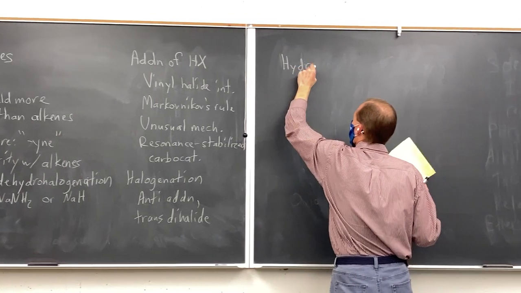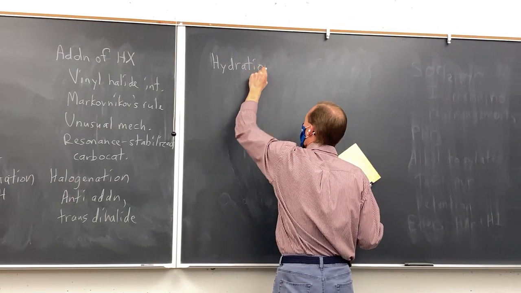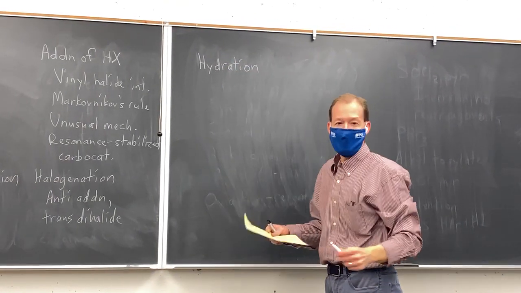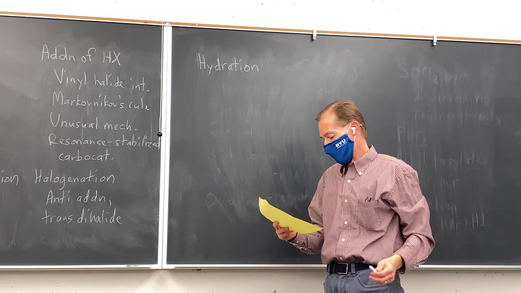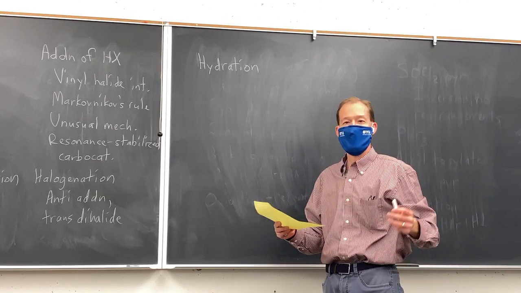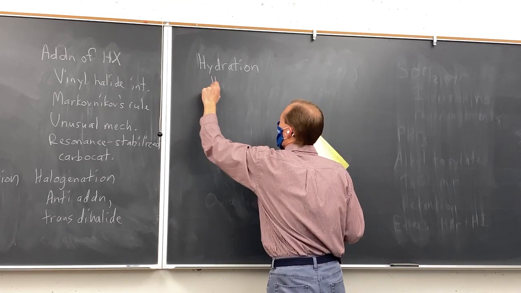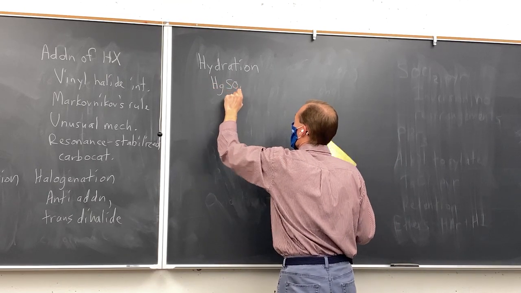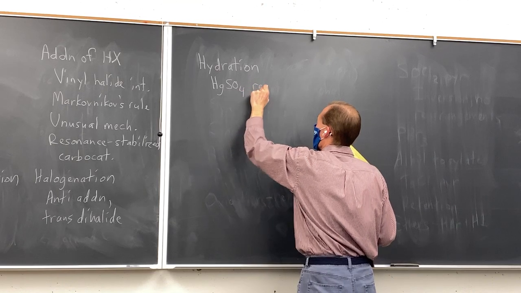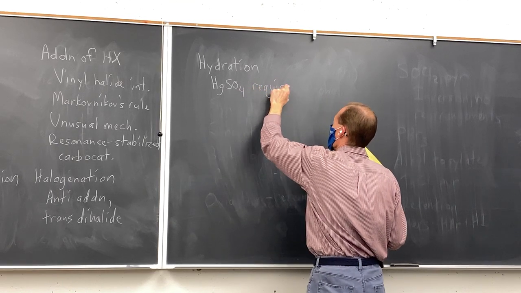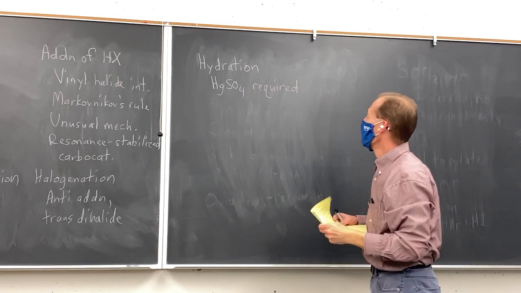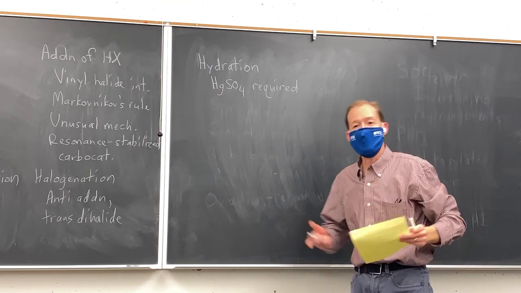Hydration, the addition of water to an alkyne. A couple of differences exist between hydration of alkenes and hydration of alkynes. With alkynes, mercury sulfate, HgSO4, is going to be required. The book is kind of ambiguous on this point.